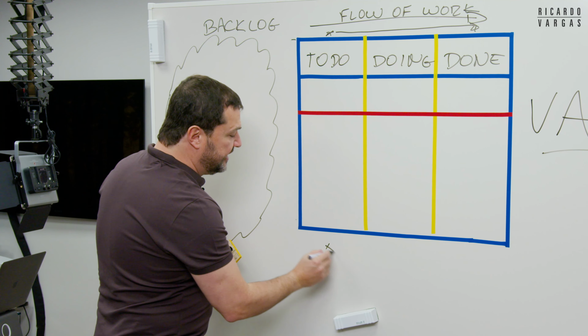You put the maximum on each of them. 1, 2, 2, 3, 3, 4, and so on. So what happens? The limit for team A on their to-do list is 1. On their doing list is up to 3. This one is up to 4. Okay, I made up these numbers.